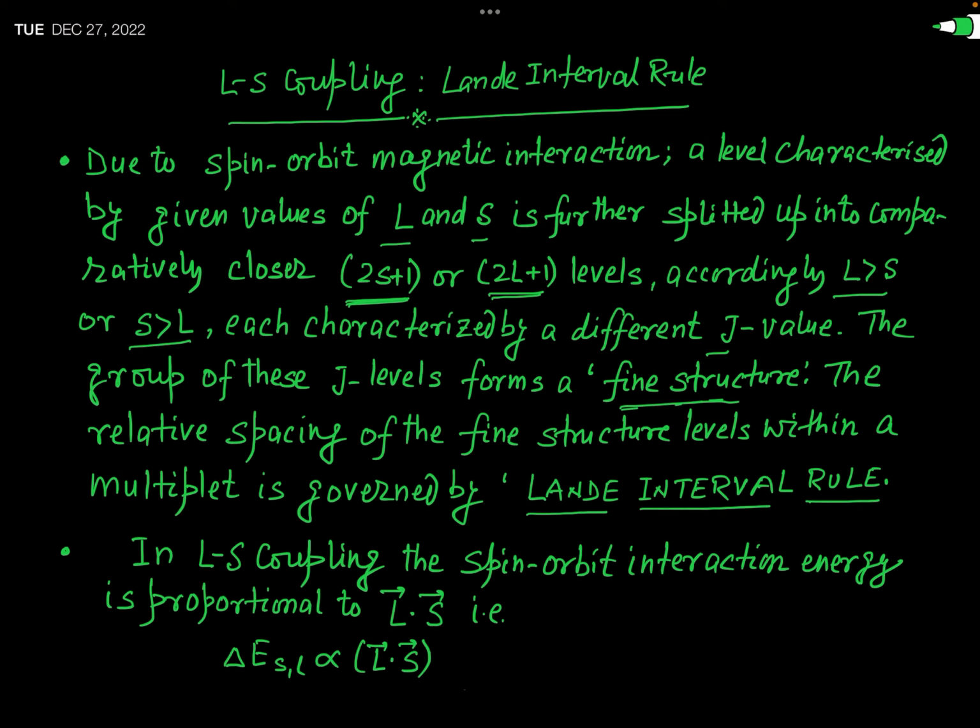And what will be the spacing? When we say spacing, it means the energy spacing, or the difference in energy, between two spectral lines of that fine structure. That is called the spacing between the fine structure levels.